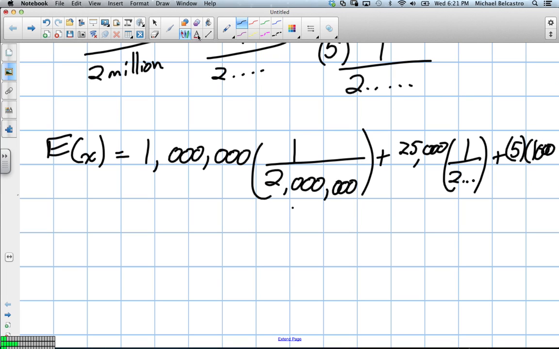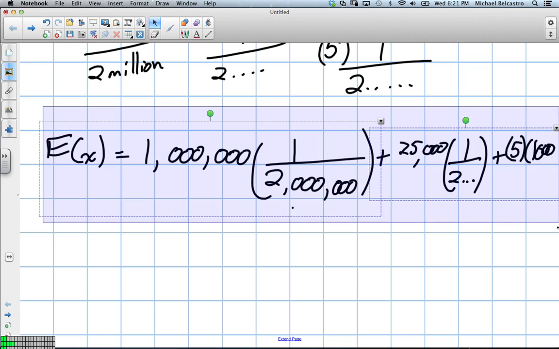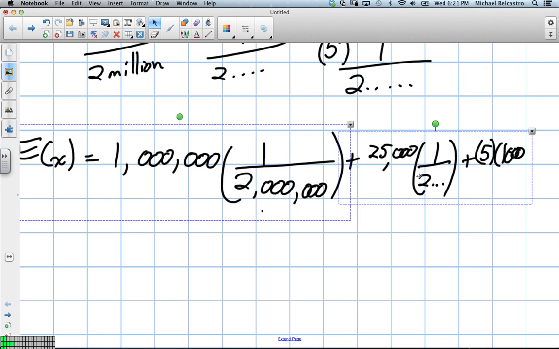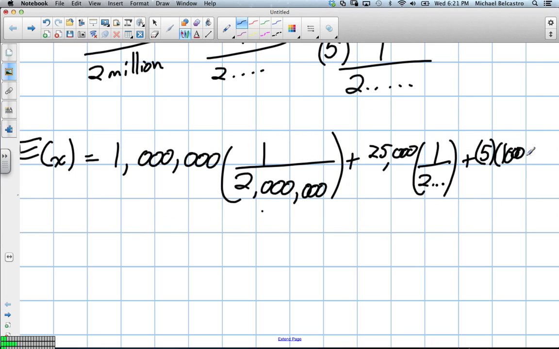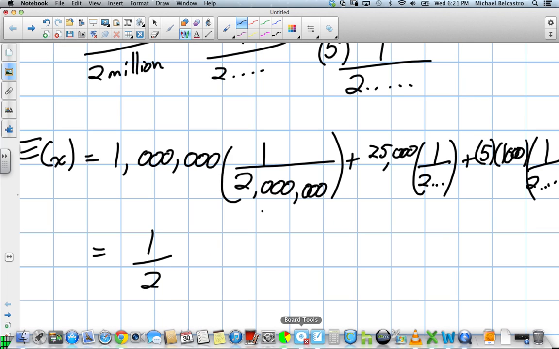Let's move this over just a little so we can read it. There we go. We have 5 chances of winning $1,000 with still a 1 in 2 million chance, so we multiply these together. A million over 2 million is the same as 1 over 2. For $25,000 over 2 million, we'll use our calculator so you can see this.